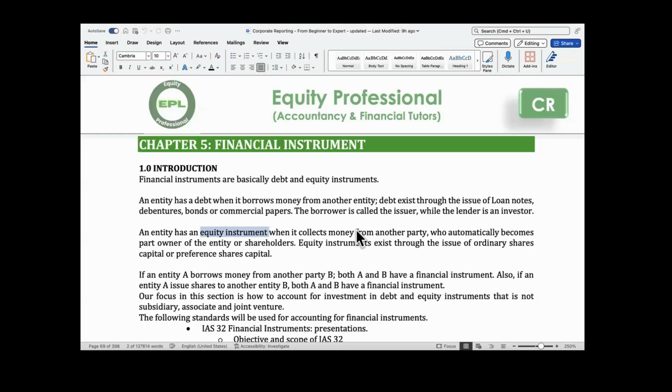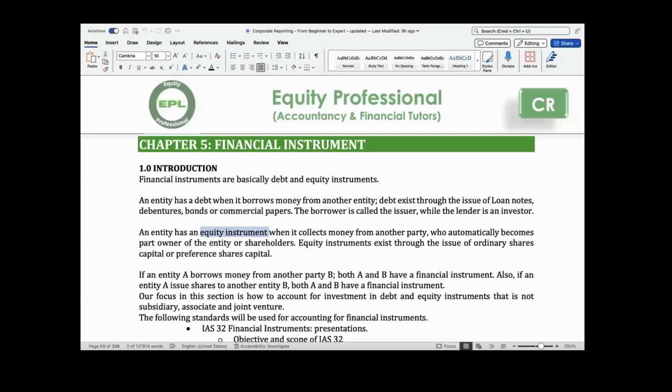When you collect money from another person, and that money makes that person become a part owner, or whom we call a shareholder in your company, then what you have done is you have issued an equity instrument.